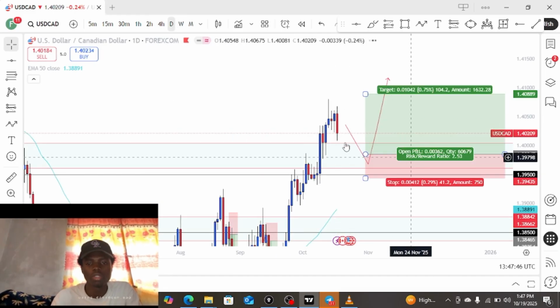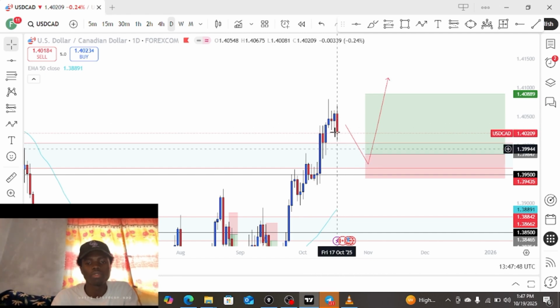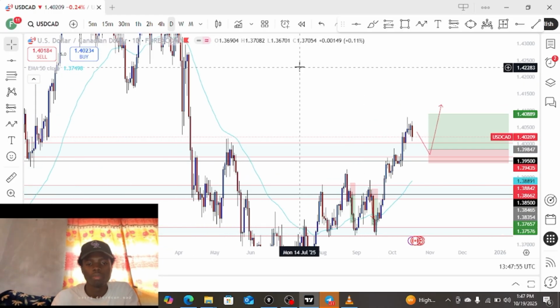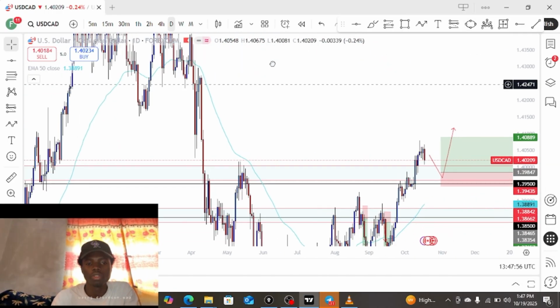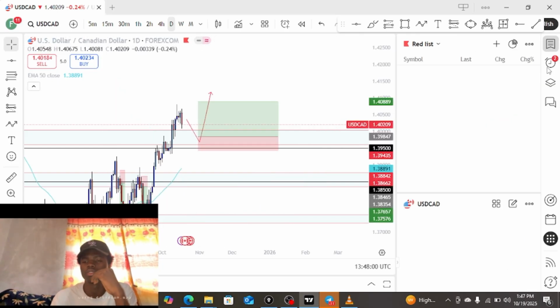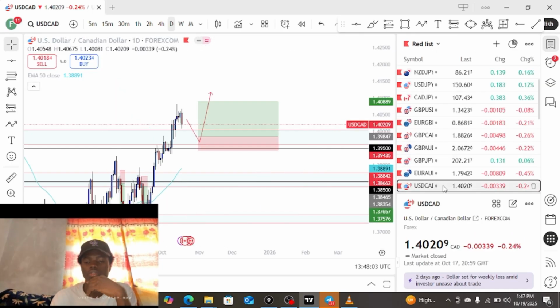So just waiting for the good retracement. This is not a proper retracement, okay? Just looking for a good retracement on this AOI right here. That's what I'm looking for. This will be on the GBPs.